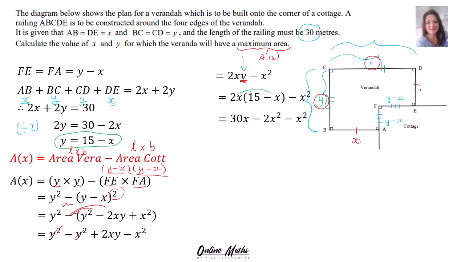So we end with 30X minus 2X squared minus X squared, and we can simplify. Negative 2X squared minus X squared is equal to 30X minus 3X squared. So this equation is now in fact the little formula for the area. And to maximize the area, we will find the derivative and equate to 0.